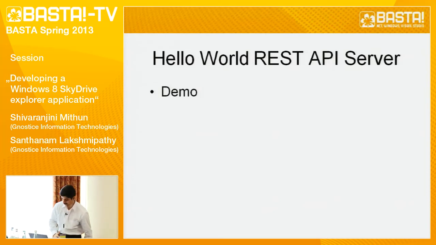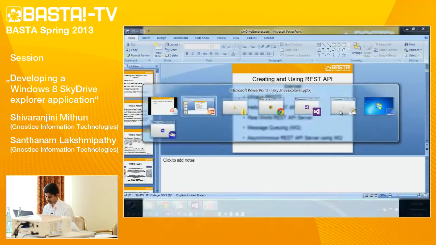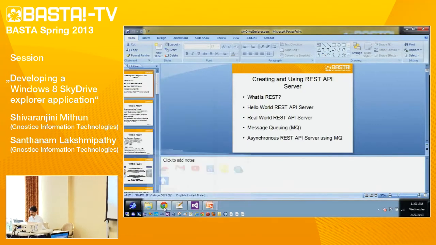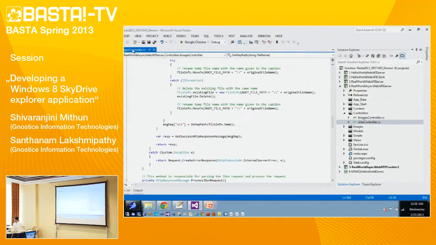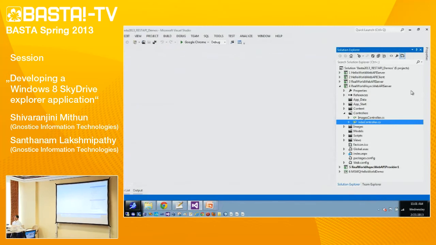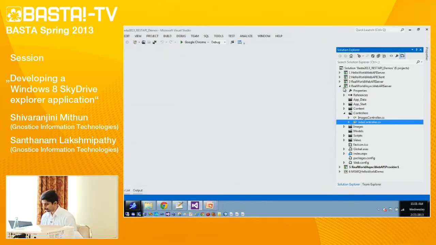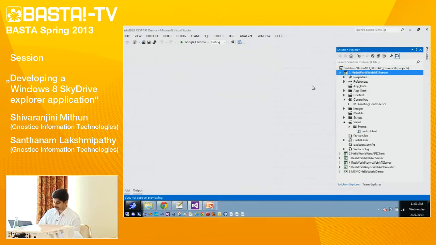Let me switch to the Visual Studio IDE. Before we actually develop a REST API, I would like to run the already created project to understand better what are the important things we have to consider while creating a REST API server. Let me run this.